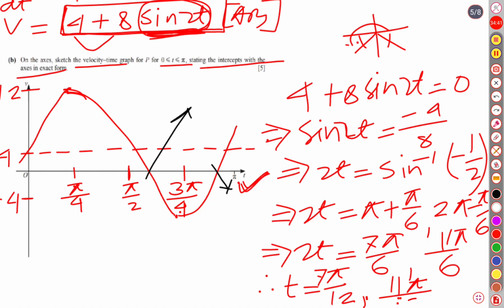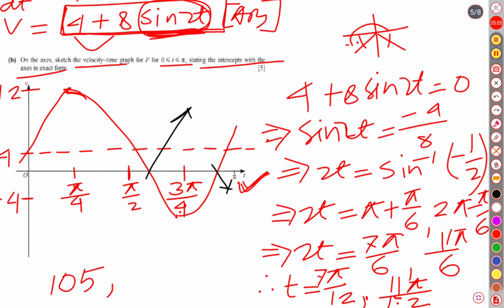Let me write this 12 over here: 11 pi over 12 and 7 pi over 12. If we convert 7 pi over 12 into degrees, it is 105 degrees.